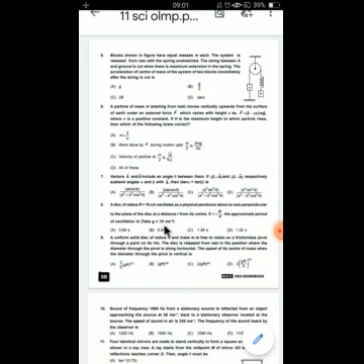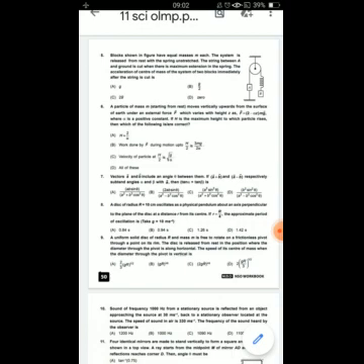Question number 8. A disc of radius R equal to 10 centimeter oscillates as a physical pendulum about an axis perpendicular to the plane of the disc at a distance small r from its center.